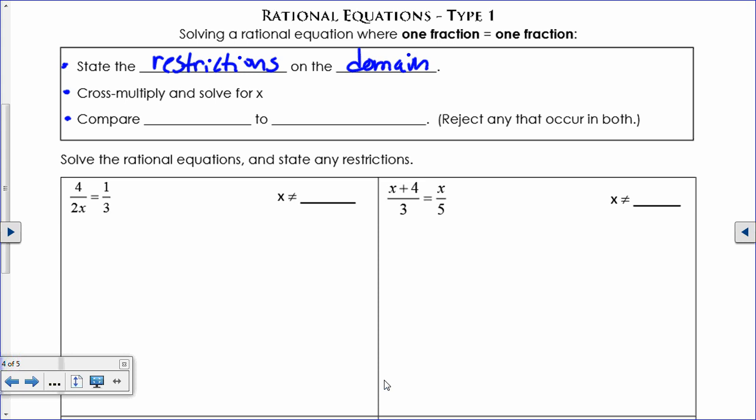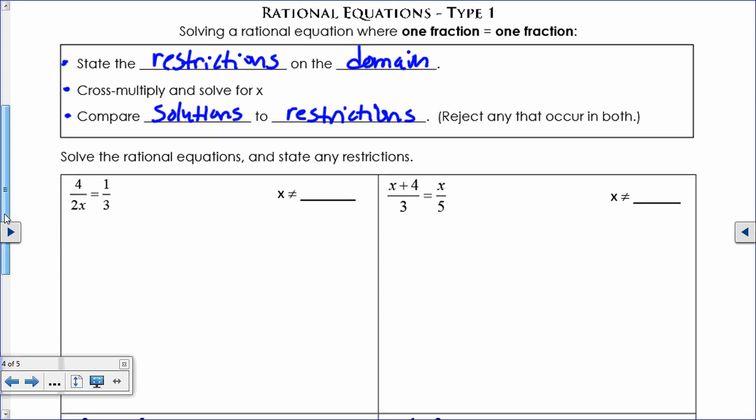Once you know what the restrictions are, we're going to cross multiply and solve for x, and then we're going to compare solutions to restrictions. If any solutions that you get are a restriction or part of the restrictions that you guys find, then you would reject that answer. So always find the restrictions first so you know how to compare your answers once you finish. Okay? So let's take a look at this first example.